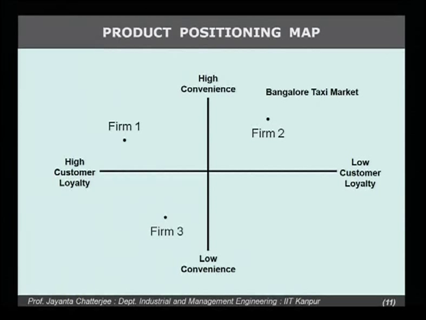So, if you want to cater to this market, then you will have to go for high convenience, and you can take the position which is taken by fare company 2.